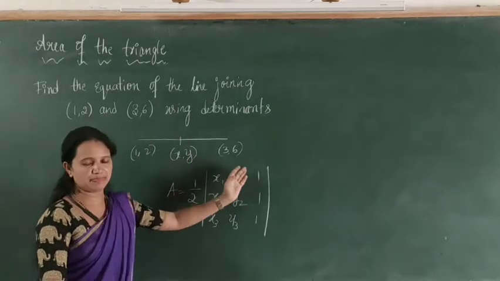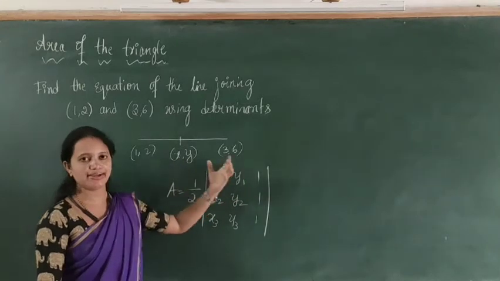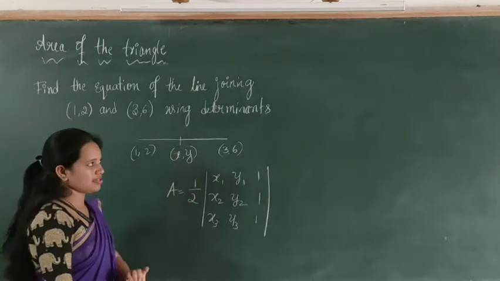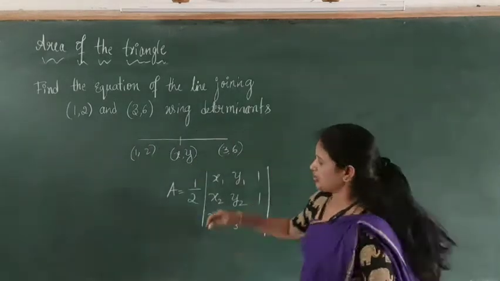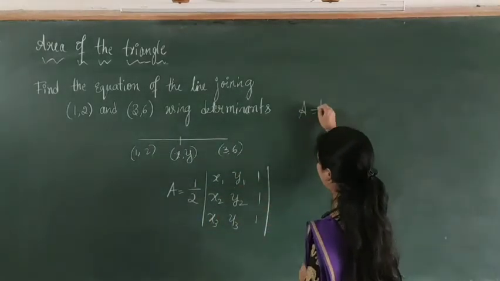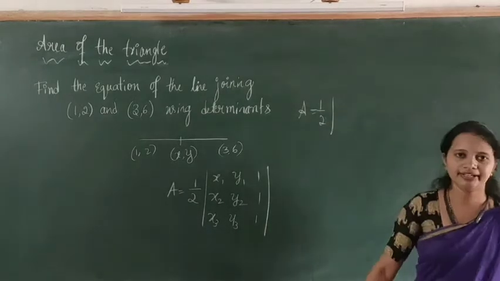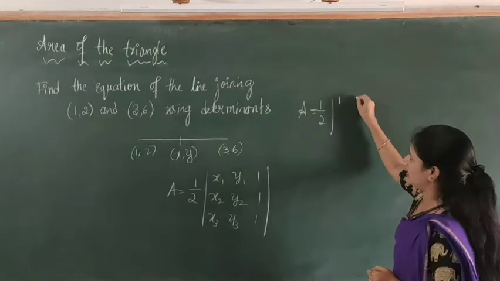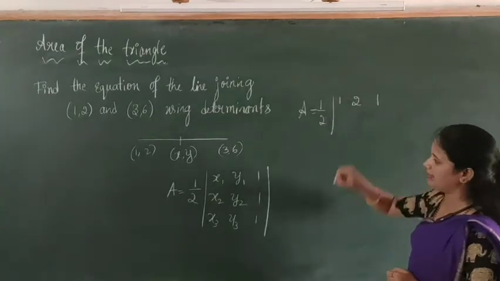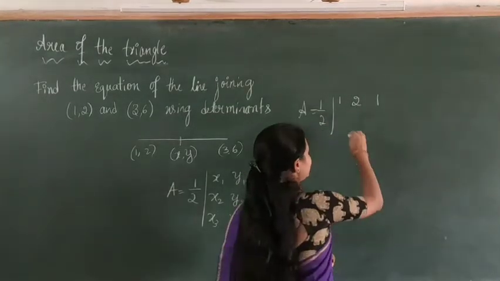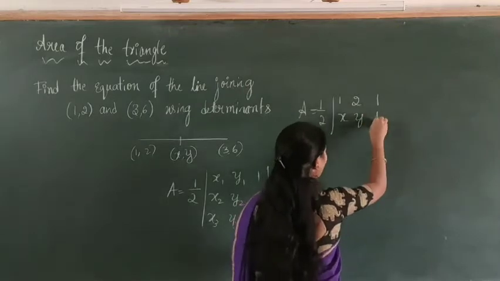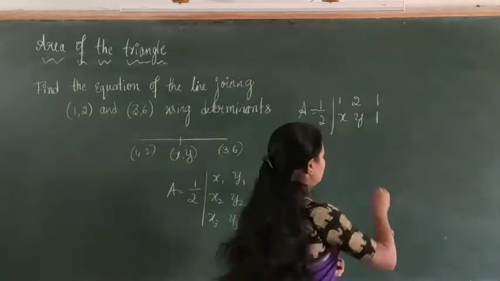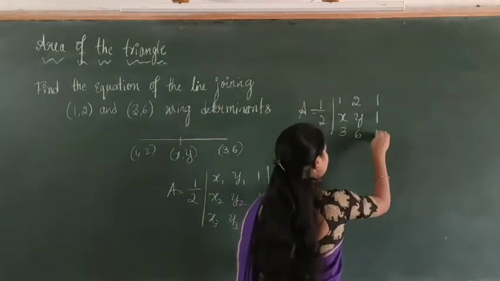Here you can use these 3 points as x1, y1, x2, y2 and x3, y3. Substitute these 3 points in the standard formula. So the area is equal to half into determinant of 1, 2, 1, x, y, 1, 3, 6, 1.